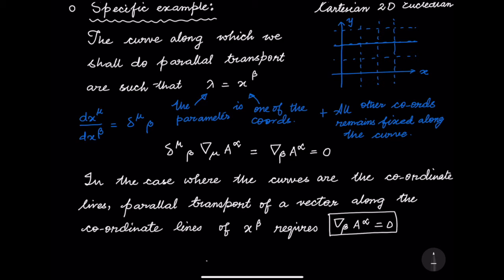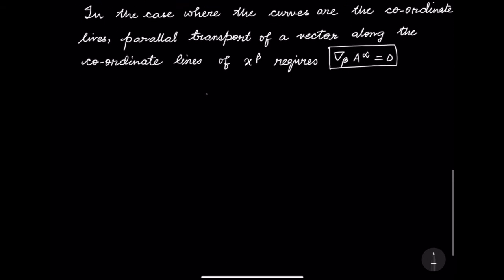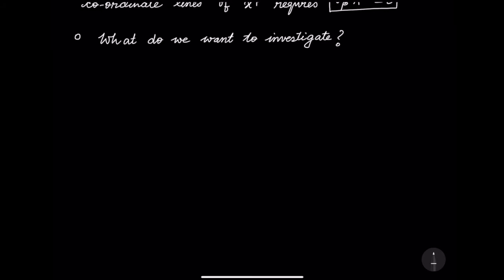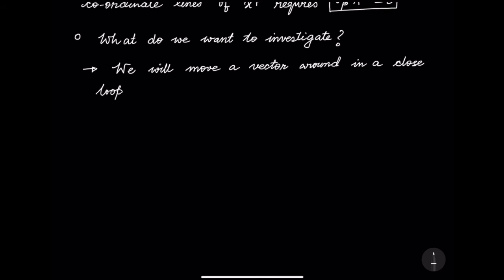What will we see? What are the types of questions that we are asking? Let me write here what we want to investigate. What we will do is move a vector around a closed curve. Obviously, I will do it by moving it through the coordinate lines.